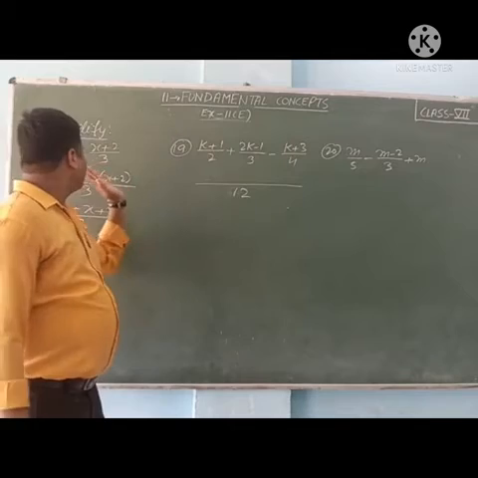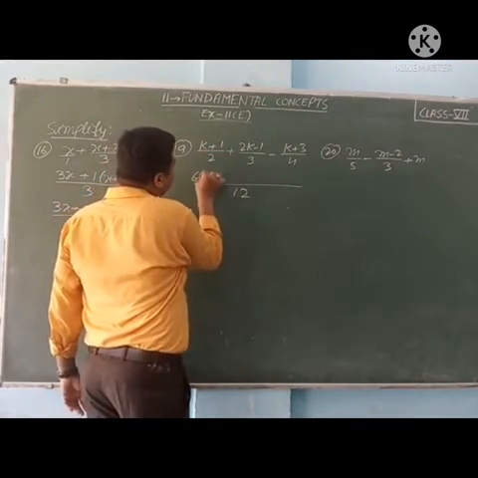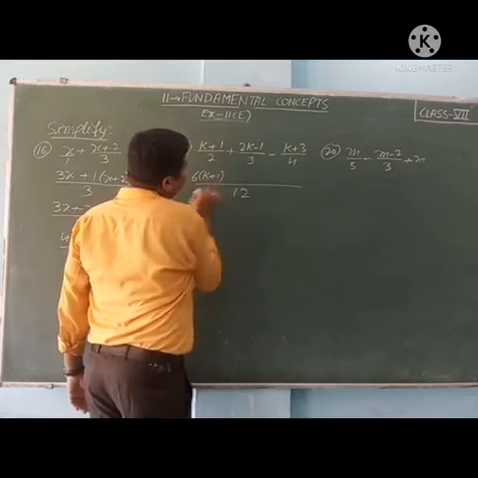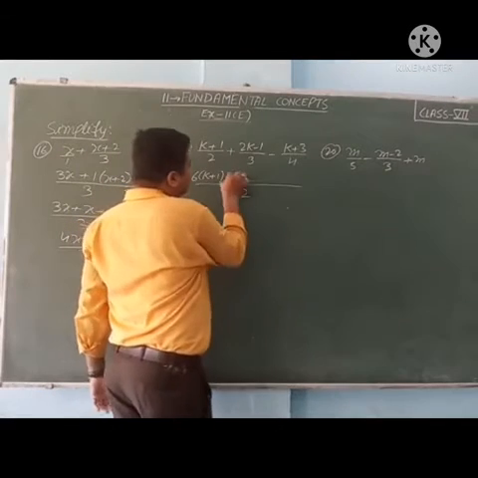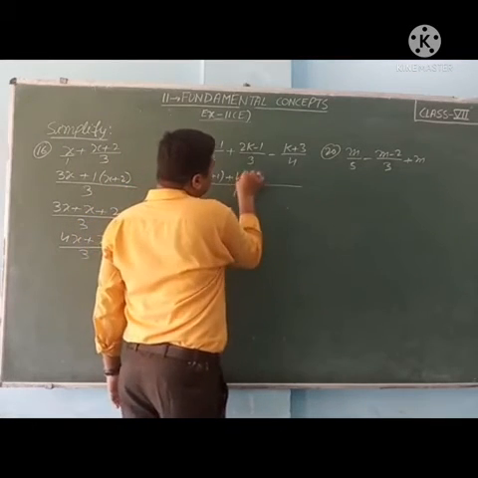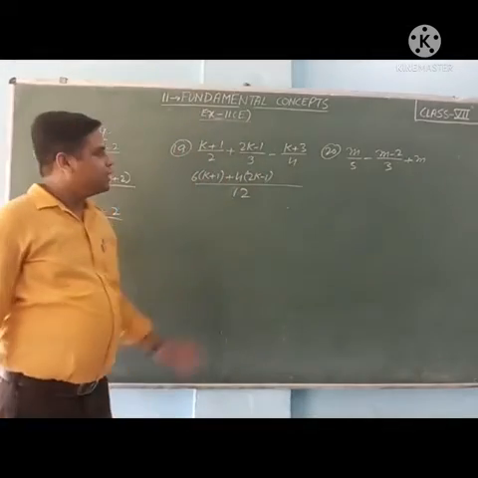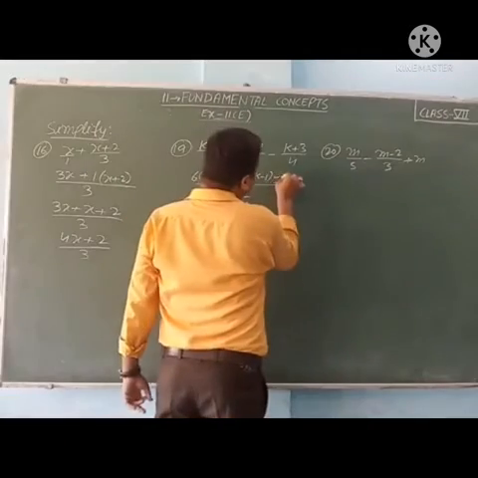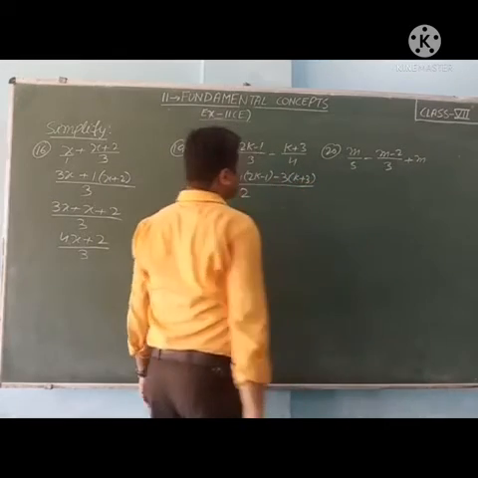As I told you in the 16th sum, 6. Then this one is multinomial, so k plus 1 inside the bracket. It means multiply. Then plus sign. 3 4s are 12, 4. Then 2k minus 1 inside the bracket. Then minus sign. 4 3s are 12. k plus 3 inside the bracket for multiply.